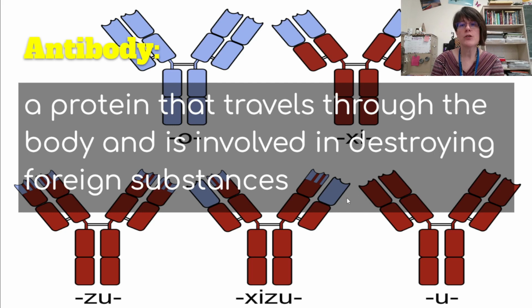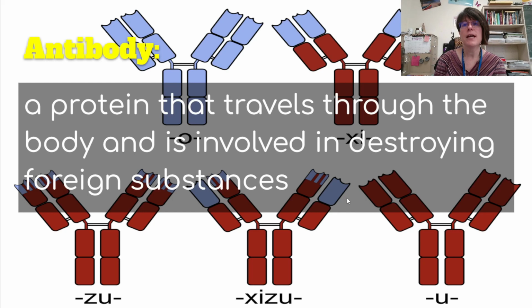So in your body, you have these proteins floating around that will recognize those antigens and match up with them like a puzzle piece, just like when I showed you for the blood typing that people with blood type A have anti-B antibodies floating around in them that will recognize the antigen on the type B blood and try to destroy it because it recognizes it as not part of itself.